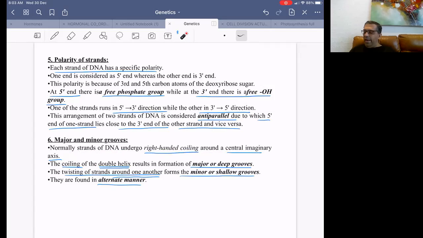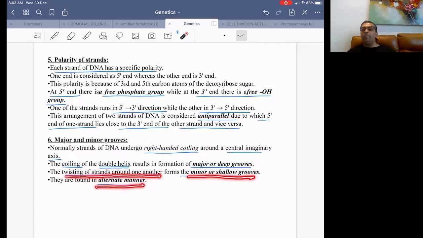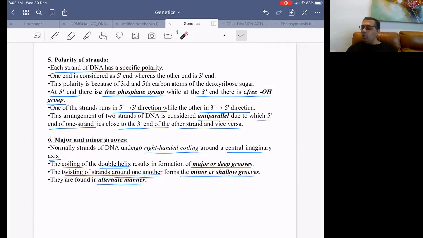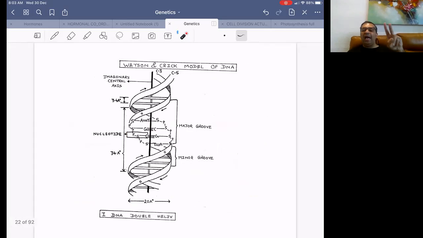And the coiling of the double helix results in the formation of major or deep grooves. And the twisting of strands around each other forms minor or shallow grooves, which are found in an alternate manner. तो ध्यान से सुनना ये all of you. This is difficult to make you visualize.